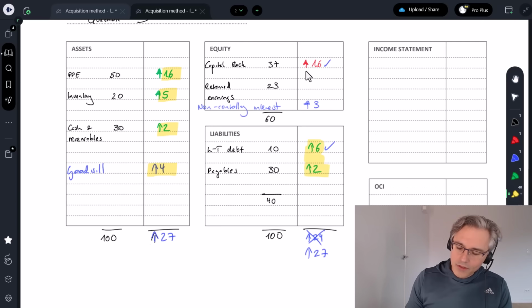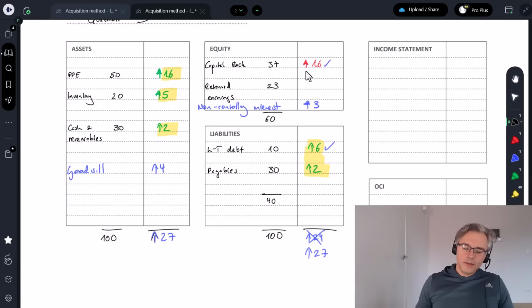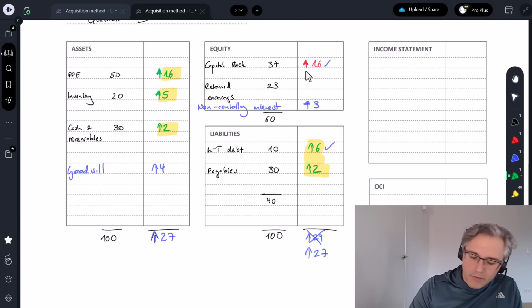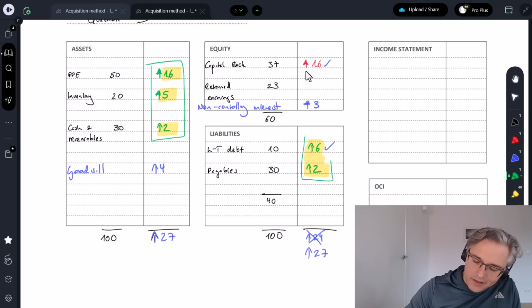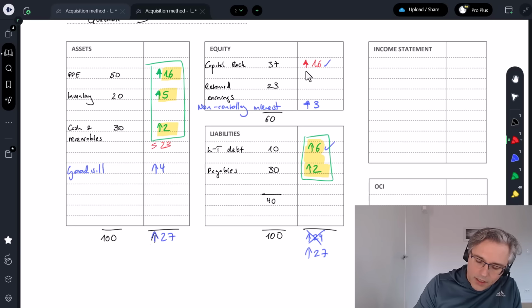You see, what's happened over here is, okay, let me just unshade the goodwill. What's happened over here is I've populated the group balance sheet following this acquisition with the assets and liabilities of that subsidiary. Assets 16.5 to 23, liabilities 8.